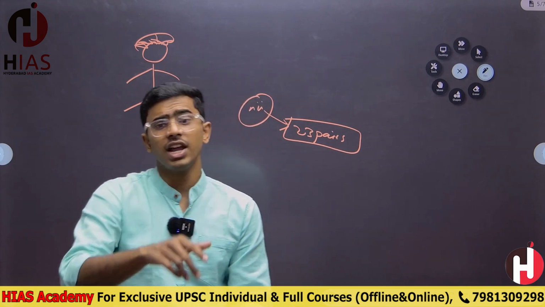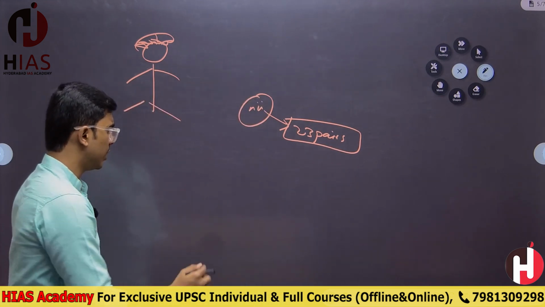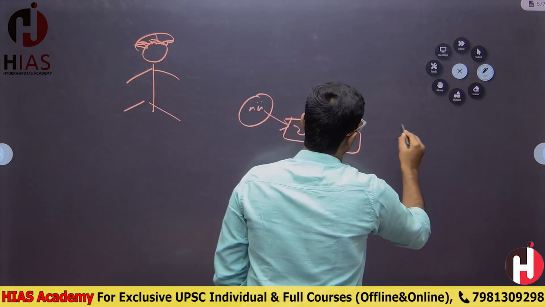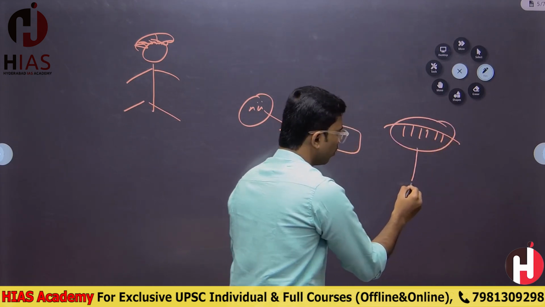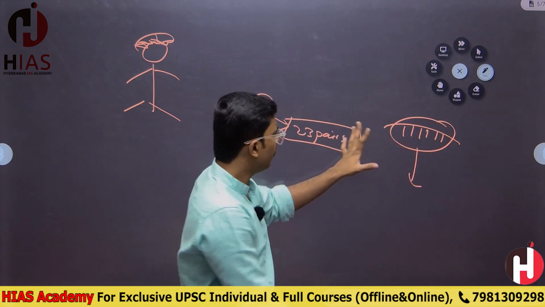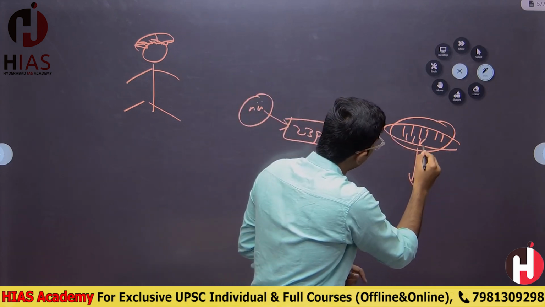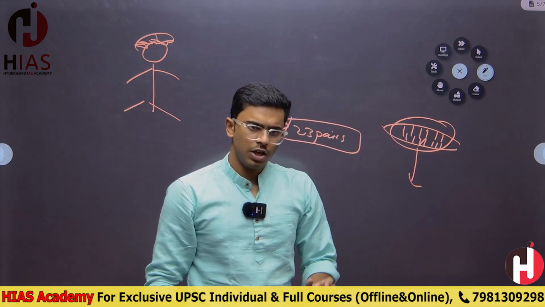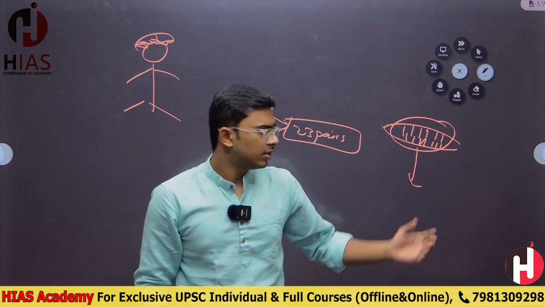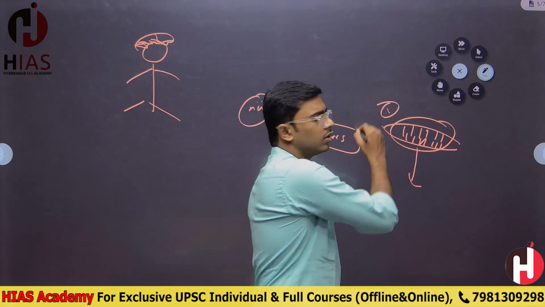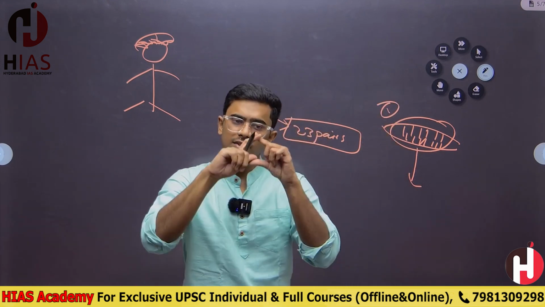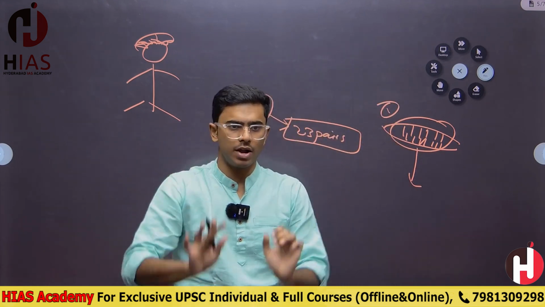Now translation can be stopped at many phases. Firstly, if this is a particular gene, now if I stop opening this gene, opening this DNA itself, then transcription won't happen. First point. So I'll stop my DNA from being opened.